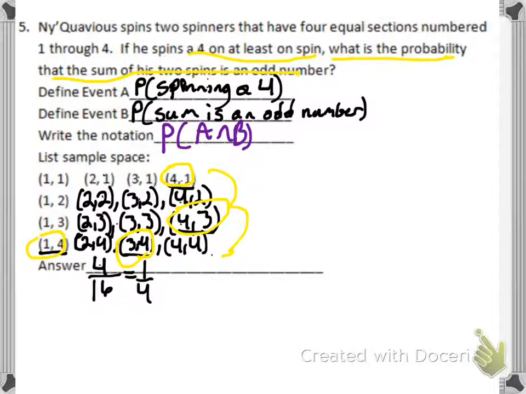So that's 4 out of a total of 16, because you know we got 4 columns and 4 rows. 4 times 4 is 16 for our total, and that gives us 4 over 16, which is 1 over 4. The sum of an odd number, so we're intersecting these two. So where does the sum of an odd number and spinning 4 intersect? It'd be A intersect B here, which would be 1/4.